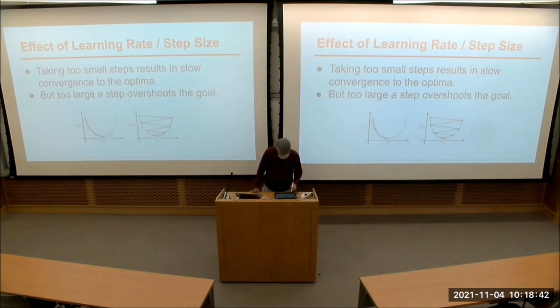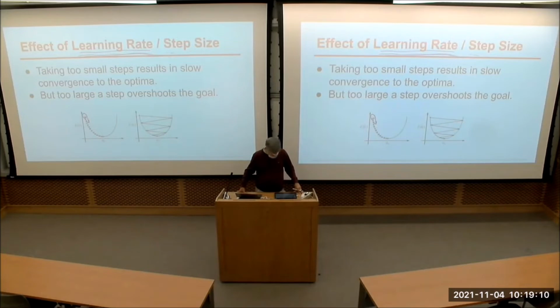That alpha is going to govern something that we call the learning rate. Alpha is sometimes called the learning rate. It's the step size. Given that you're at a partial solution, once you have figured out which way is down, alpha is going to govern how big a step you take.